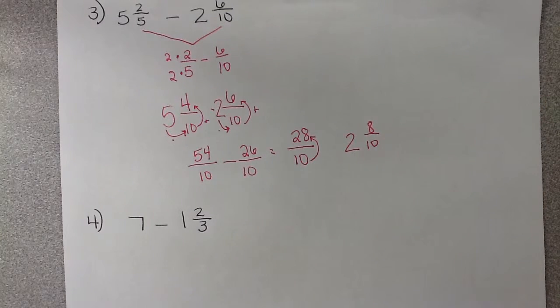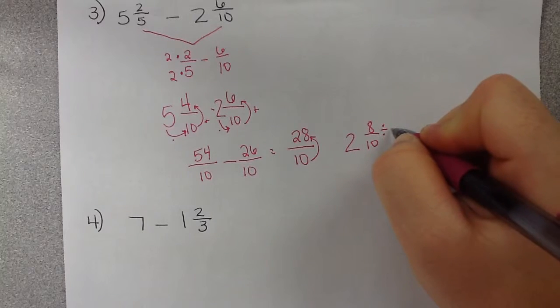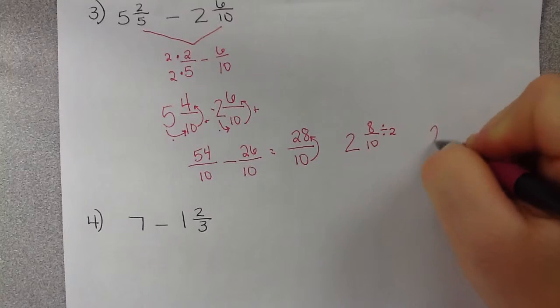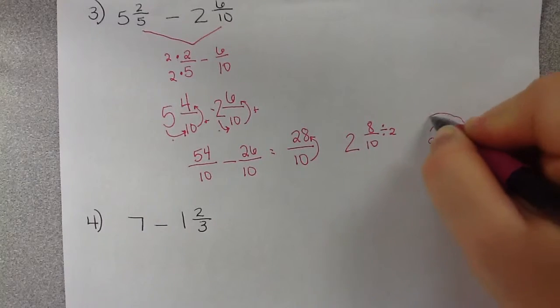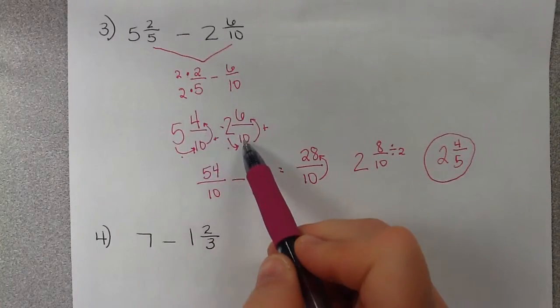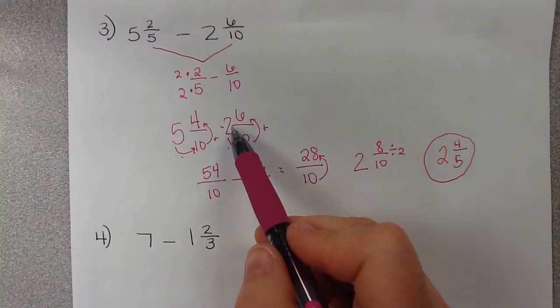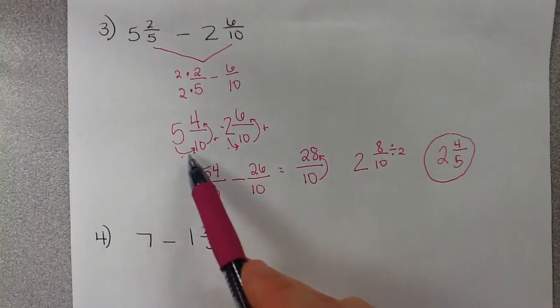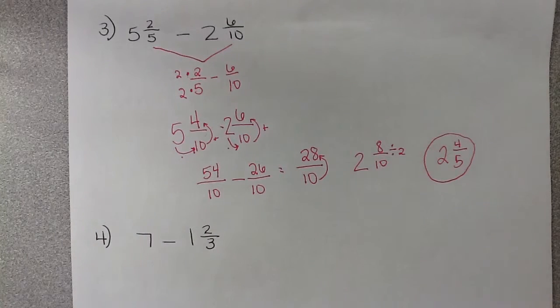And lastly, simplify this fraction, divide them both by 2. So you get 2, 8 divided by 2 is 4 over 5. Add or subtract, make your shoes match. We could not subtract 4 minus 6 without getting a negative, so I go ahead and make these improper. Subtract, simplify, and solve. Nice job.